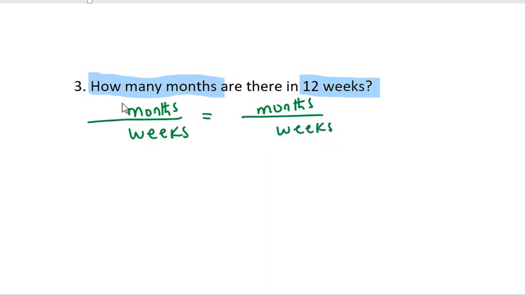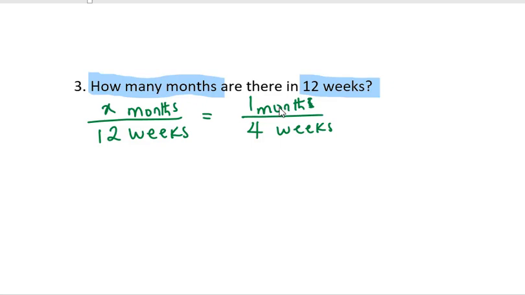Okay, from here, how many months, right? We don't know. x months, or unknown months, can be w, it can be y, anything. x months, and then are there in what? 12 weeks, the known. But then we know that there are 4 weeks in 1 month. So I can actually just use 1 month. There are 4 weeks in 1 month.